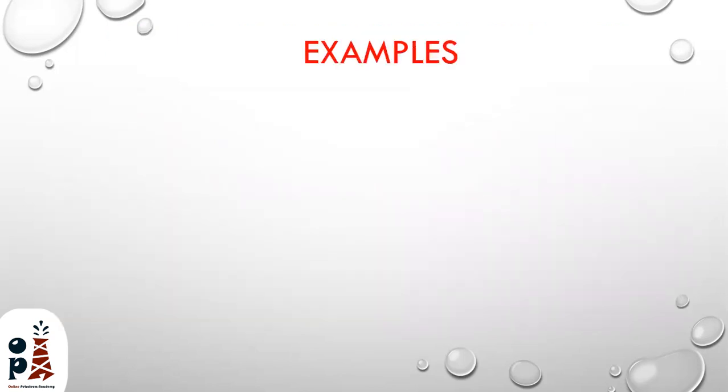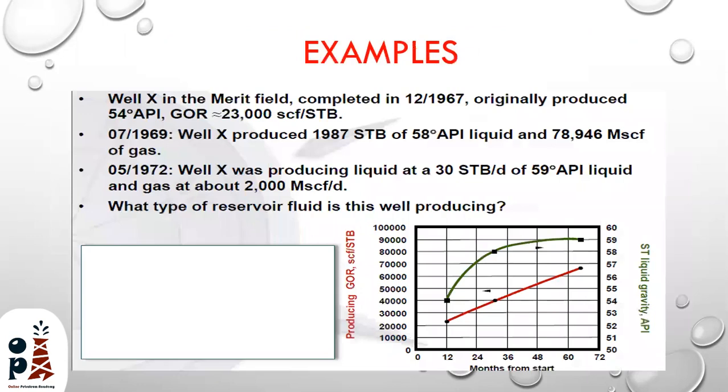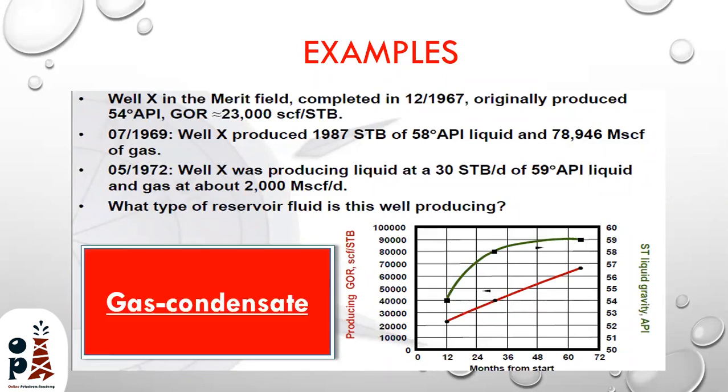We have some examples. We have a well producing initially with an EBI of about 54 and an initial GOR of about 23,000 standard cubic feet per barrel. As the GOR is above 3,500, we can suggest that it is a gas condensate reservoir.